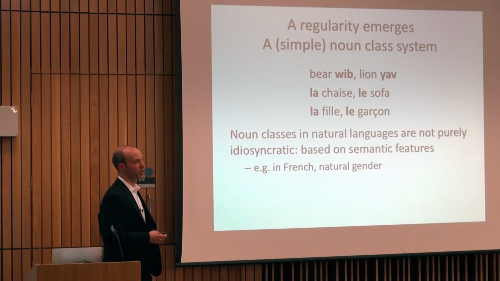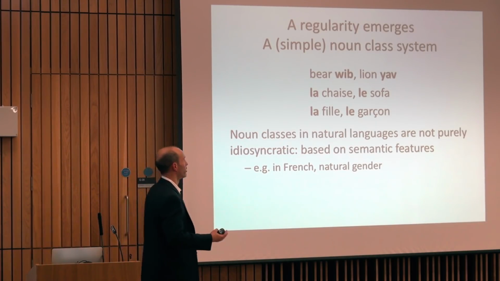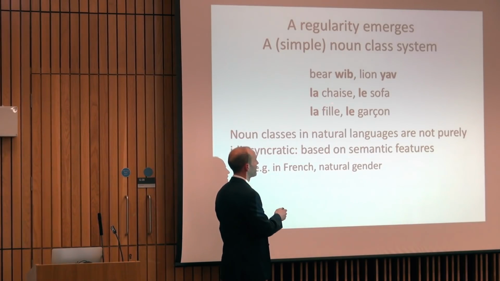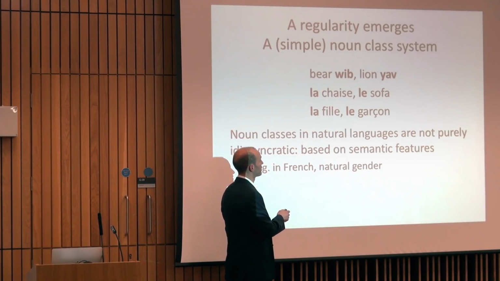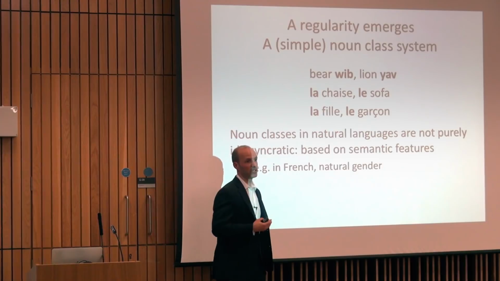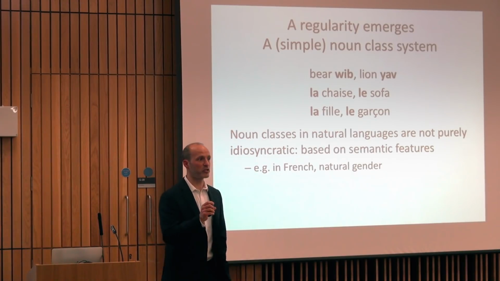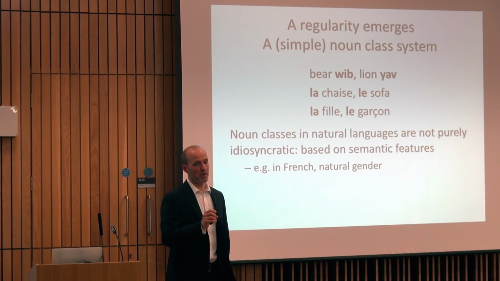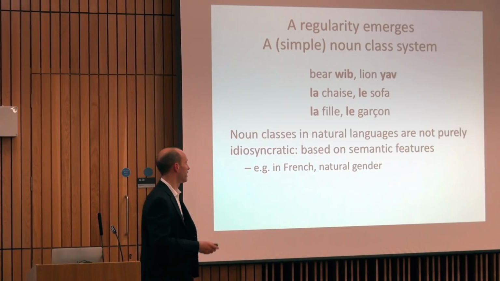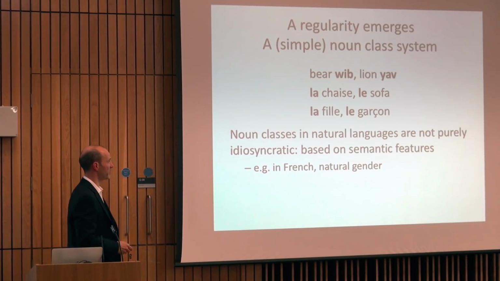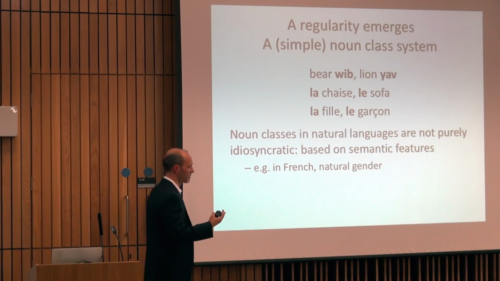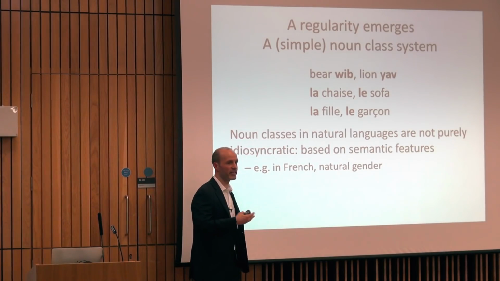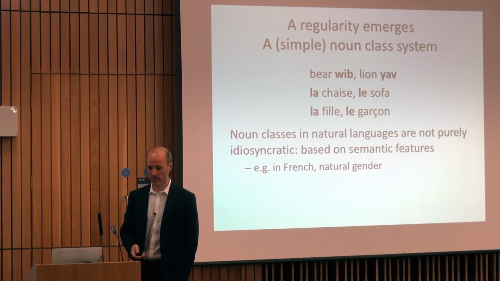So, for instance, in French, noun class is highly predictable based on the natural gender of the word you're referring to. So, nouns which have female reference, like the word for girl, are feminine, and nouns which have male reference, like the word for boy, belong in the masculine grammatical class. So a semantic feature of the noun predicts the noun class of that noun. So can we get this kind of regularity to emerge through this transmission process?